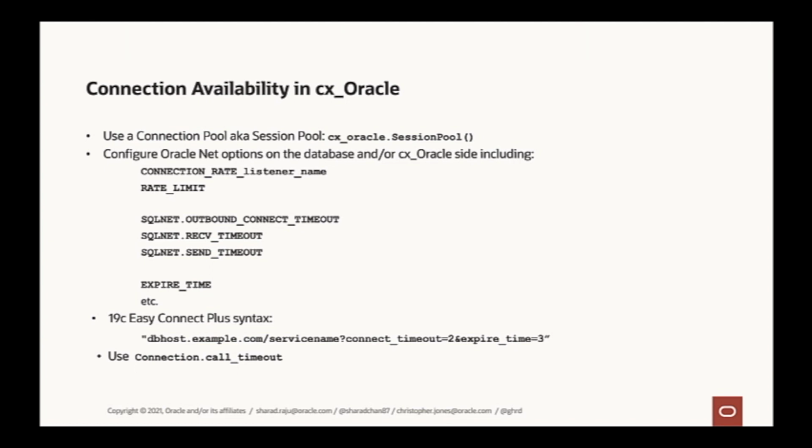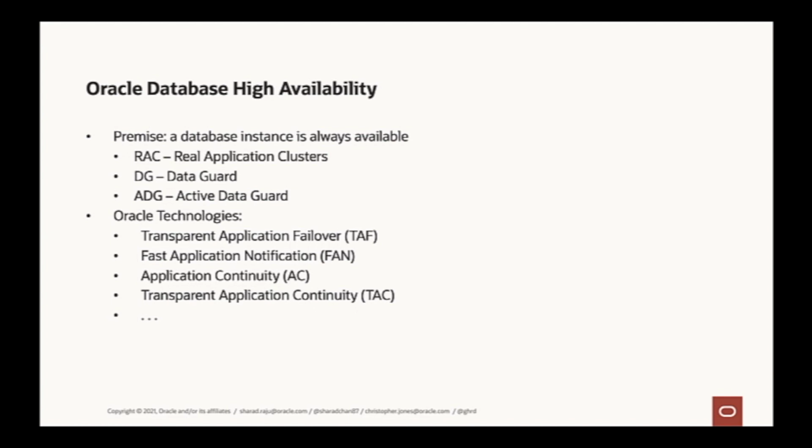So those are some of the things which I used to call kind of easy high availability. The things you can do on the application tier, you don't have to speak to the DBA particularly about them, except obviously the rate limit stuff, but a lot of the other stuff is very easy to set up. But some of the other things are actually perhaps just as easy. You've heard some of these buzzwords, RAC and DG and things like that, TAF and FAN.